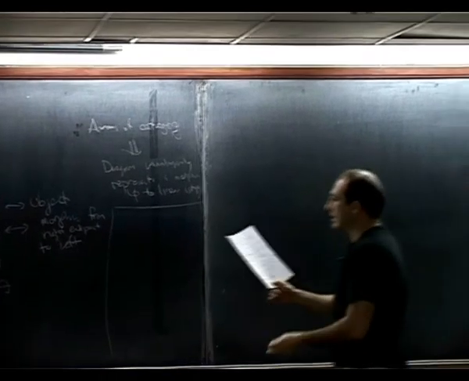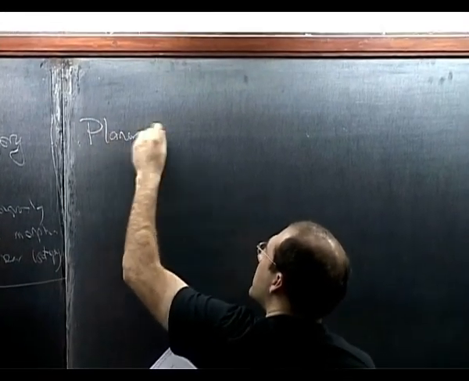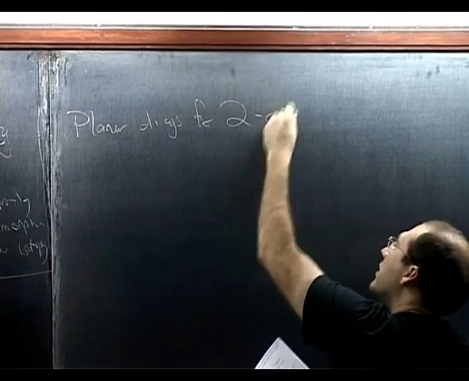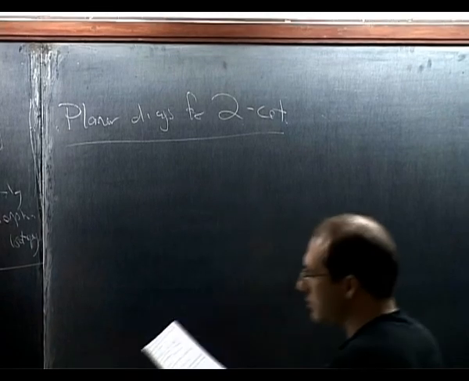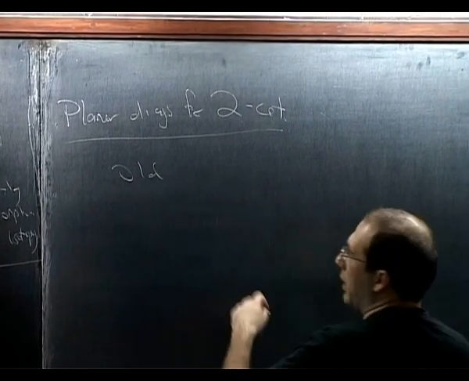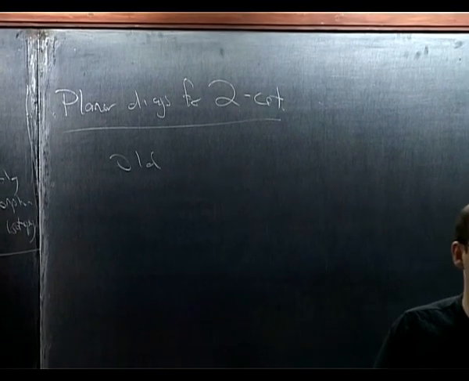So now we're going to do the exact same thing. Instead of linear diagrams for one category, we're going to do planar diagrams for two categories. So again, you have the old way, which is, what's my favorite two category? The two category of categories.